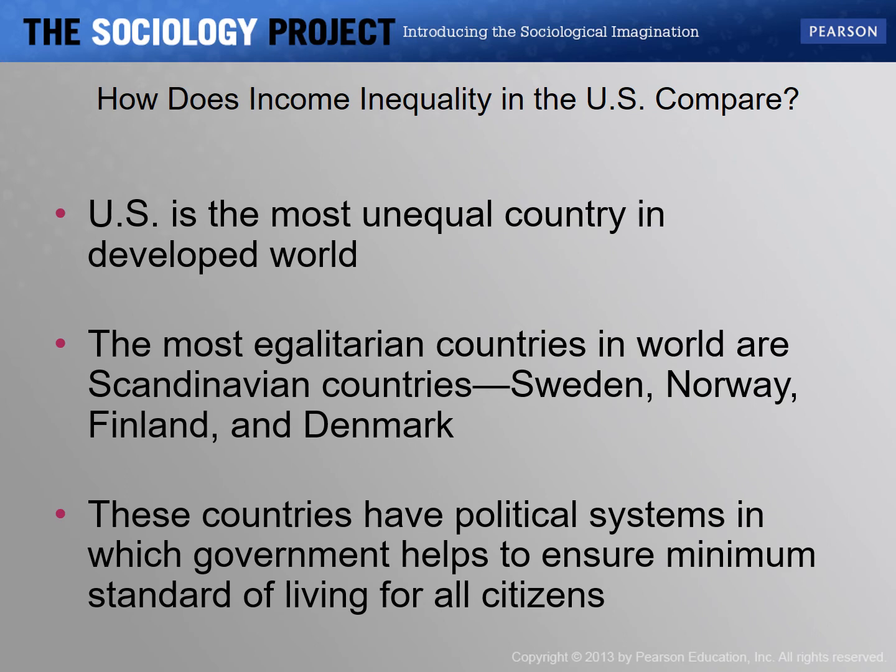So people in Sweden are guaranteed health care from birth to death, including nursing home care if they're elderly and need it. They're guaranteed college if they have the grades for it. And so egalitarian countries are seen as the most equal social democracies.